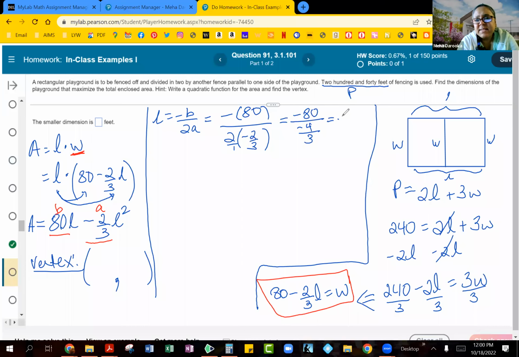We had talked about this in chapter 1, probably even in chapter 2. When you're dividing by a fraction, remember you can change the division to multiplication and then just flip your fraction around. So you can do negative 80 multiplied by negative 3/4, and that'll give you your answer.